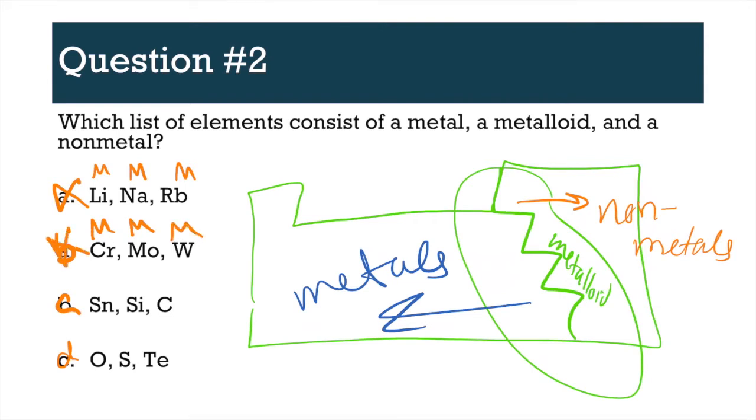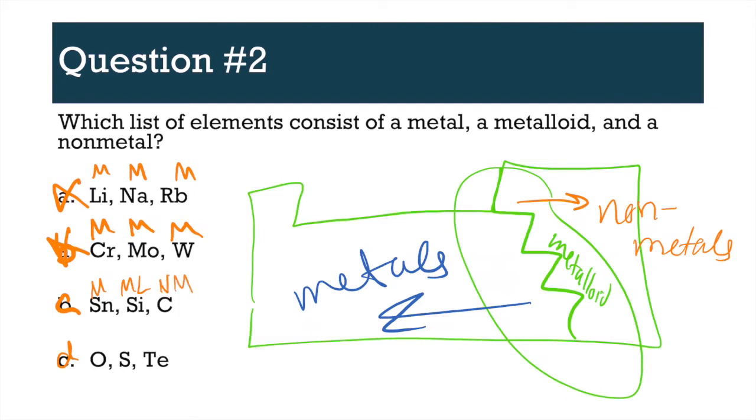So it can't be that one. If we look at choice C, Sn, which is tin, is a metal. And then Si is a metalloid. And carbon, C, is your nonmetal.